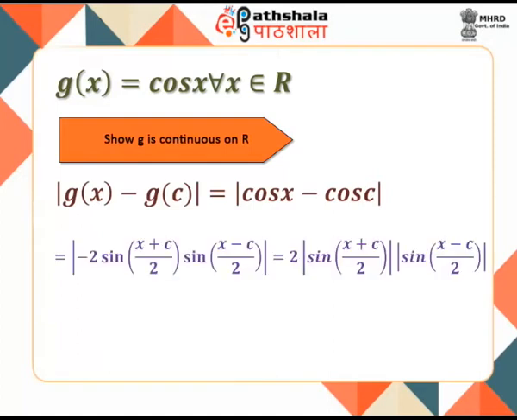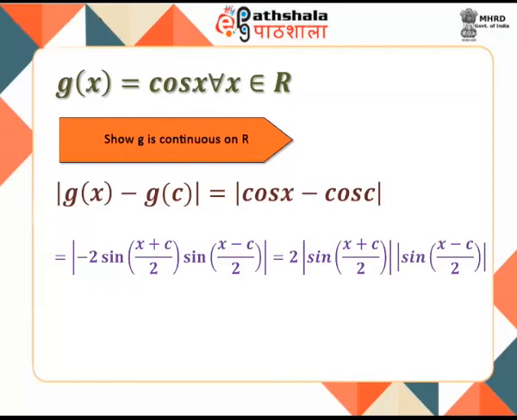This equals |minus 2 sin((x plus c)/2) sin((x minus c)/2)|, which is equal to 2|sin((x plus c)/2)| |sin((x minus c)/2)|.